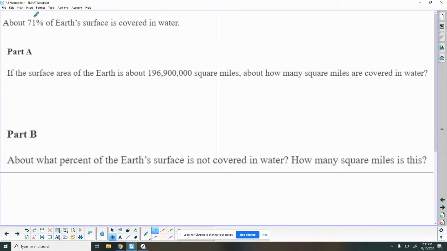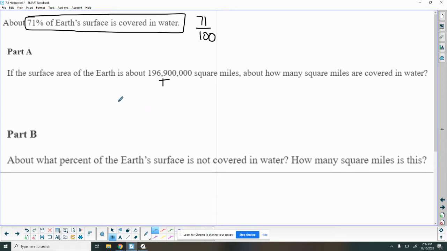So number 2 tells us that 71% of Earth's surface is covered in water. So 71% is 71 over 100. If the surface of the Earth is about 196,900,000 square miles, how many square miles are covered in water? So this is a total of Earth.